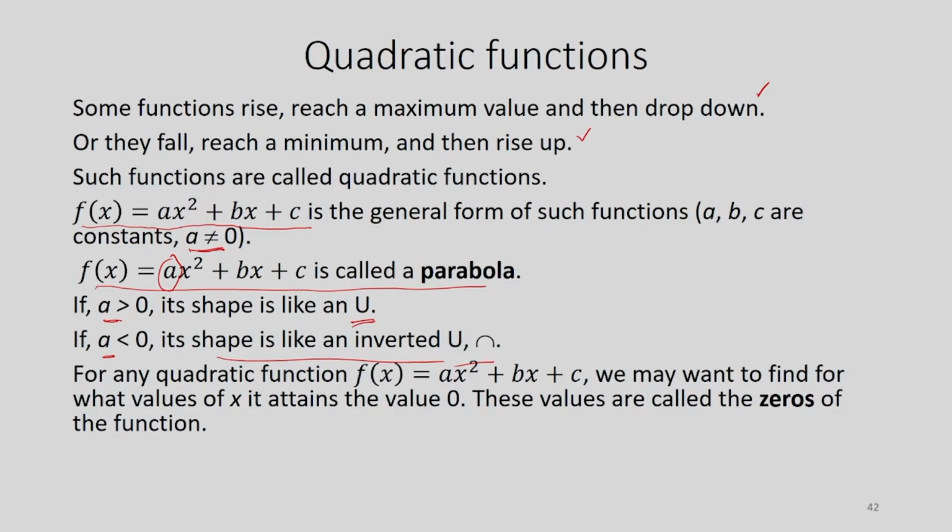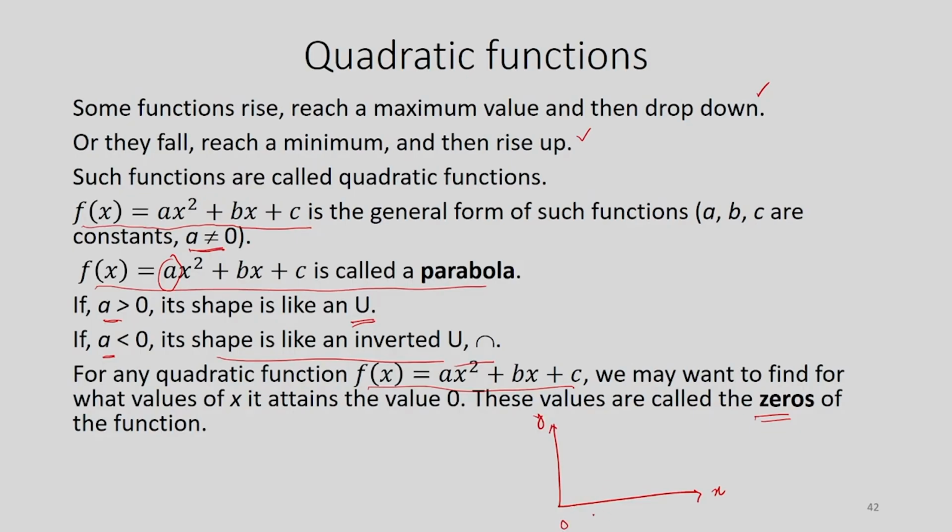And apart from this, it may be of interest to us that for any quadratic function of this form, f(x) = ax² + bx + c, we may want to find for what values of x it attains the value 0. These values are called zeros of the function. So, geometrically think about this. You have the x axis here, y axis here, here is the origin.